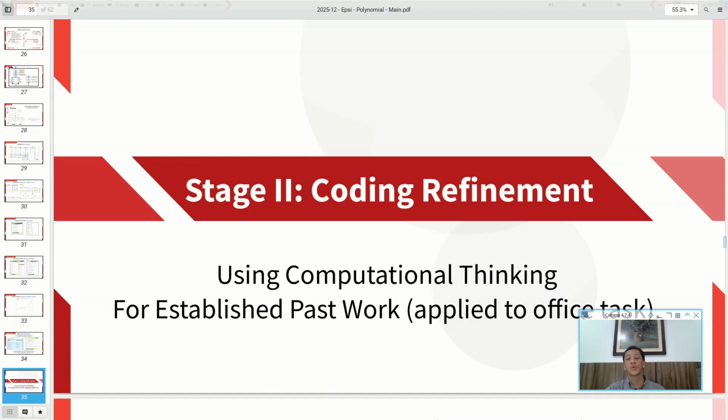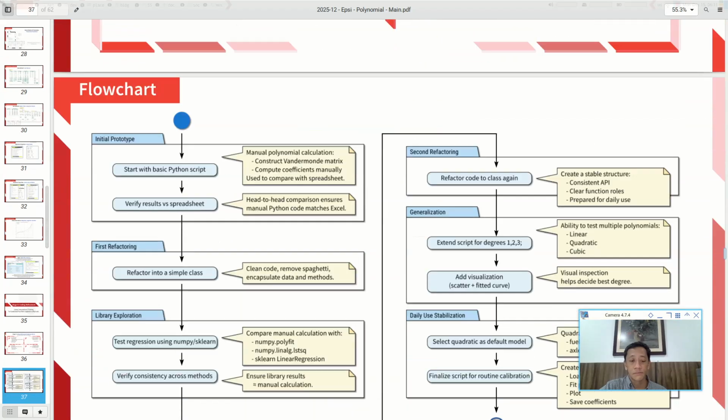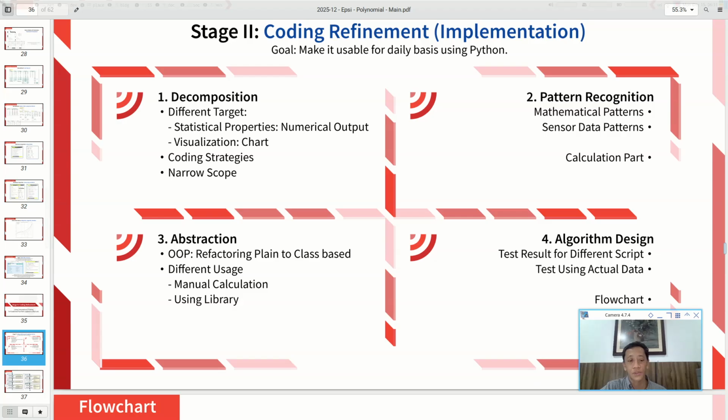Stage 2 is coding refinement. Actually, the coding refinement is in the blog. I already made the coding refinement. It's parallel with the statistics, but for decomposition, for ease of reading, I spread them in different stages. Alright, you can read it yourself.